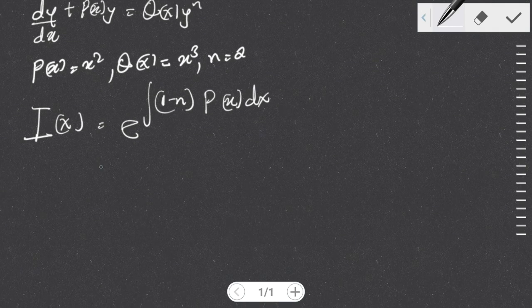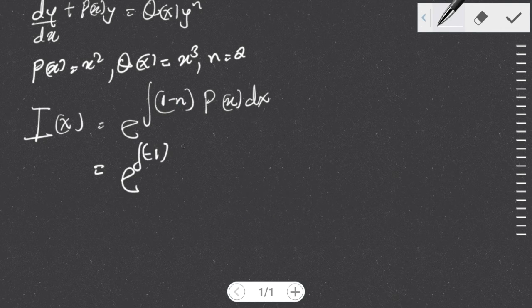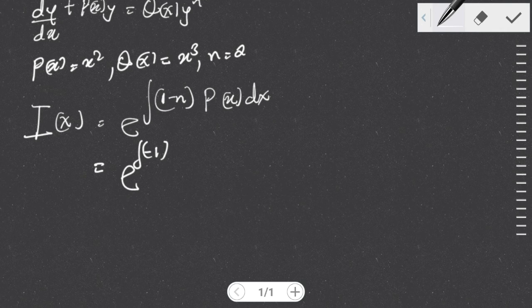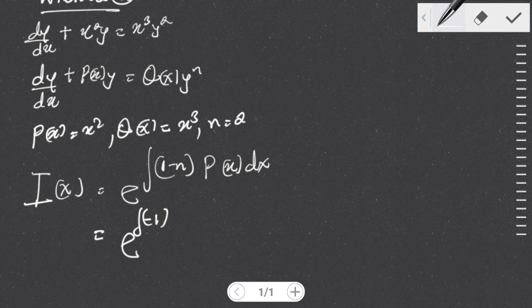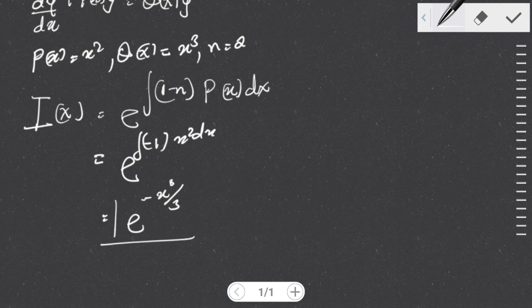So having got that, I'm going to have e to power the integral of 1 minus 2, which is -1, close this, p of x, of which from our equation, p of x is x squared, then dx. Now, if I integrate this, I'm going to have e to power negative x cubed all over 3 as our integrating factor.